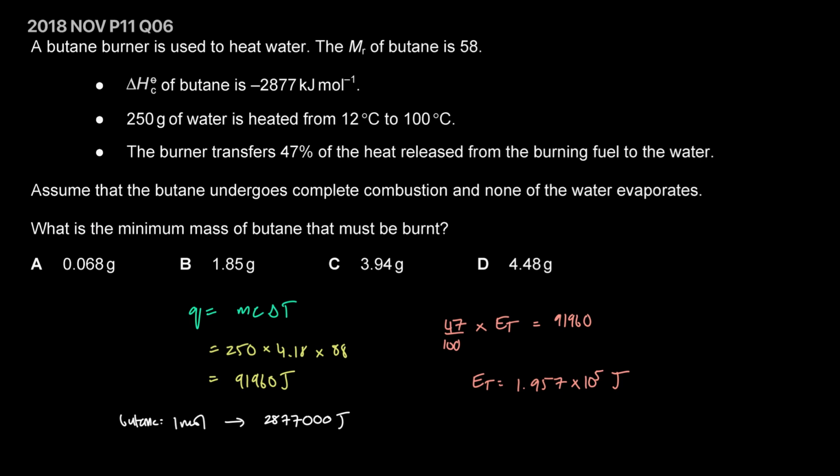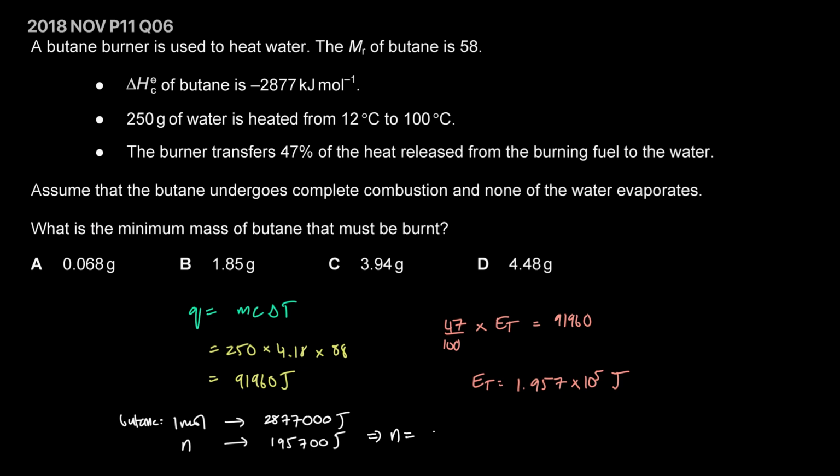So the question is, how many moles of butane would I need to combust in order to get an energy of 1.957 times 10 to the power of 5, which is 195,700 joules?